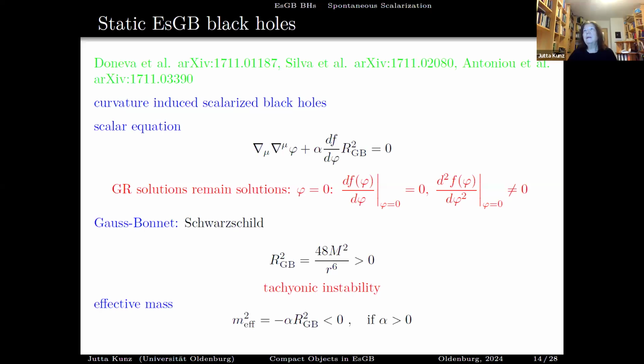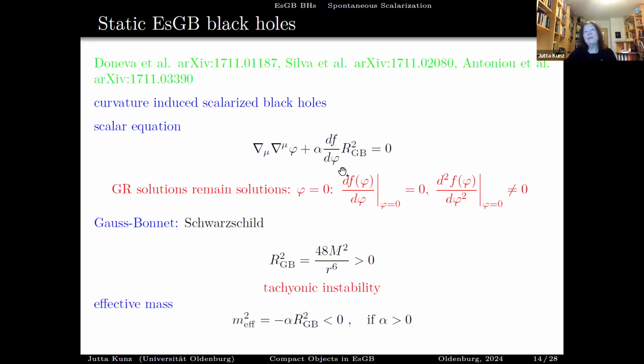However, we don't have any matter when we have black holes, right? So it doesn't work there. And then at some point, to a number of people on this globe, it occurred: what black holes have is curvature. So why don't we try to have curvature-induced scalarized black holes?